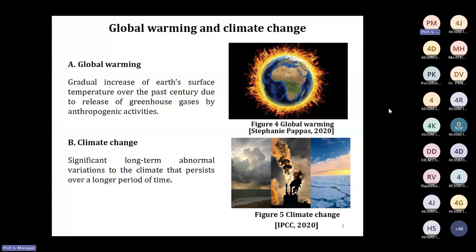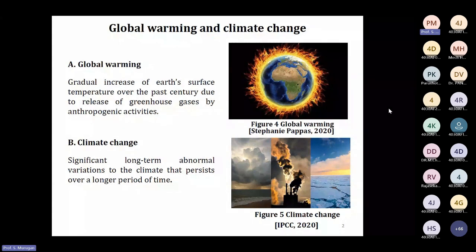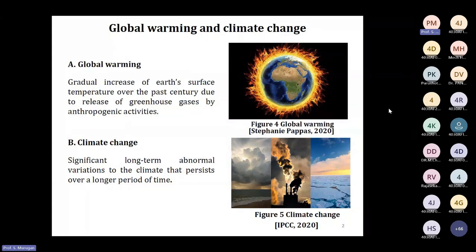That is because of climate change, which is the consequence of global warming. Everybody knows the consequence of global warming, and the cause of global warming is the continuous accumulation of carbon dioxide in the atmosphere.